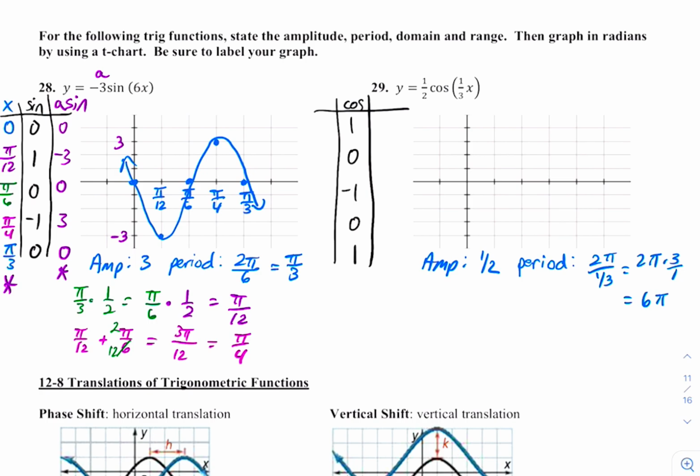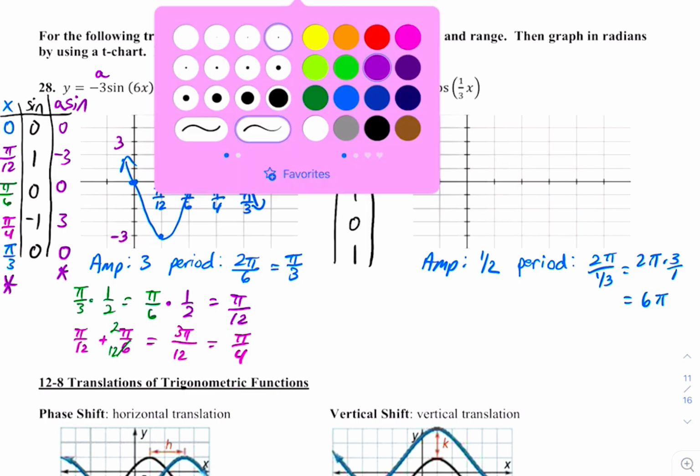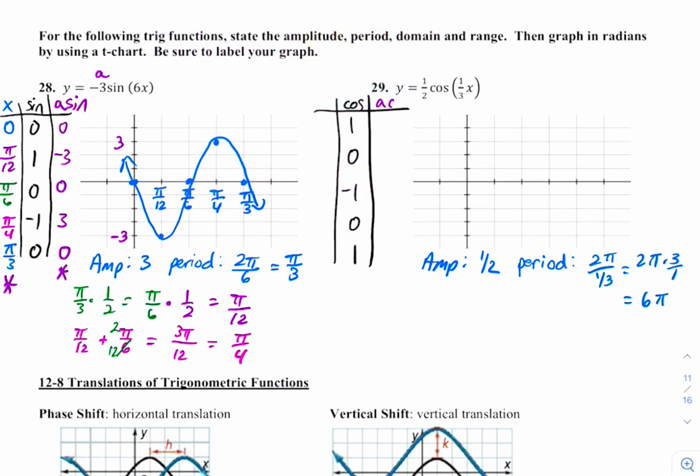So on the next one, let's find the y's first. So again, it doesn't matter if we find x's first or y's first. So I am taking a times my cosine function. So my a is 1/2. So that means I'm taking each of these values times my a of 1/2. So this will be 1/2, 0, negative 1/2, 0, and 1/2.